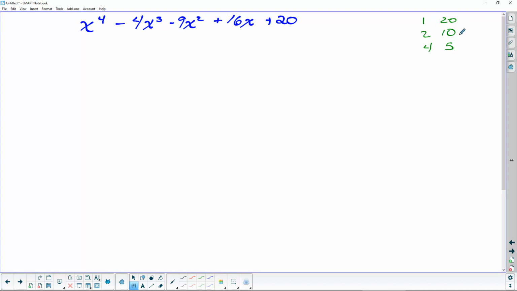So now we're going to combine these with an x. So x plus or minus 1, x plus or minus 2, x plus or minus 4, x plus or minus 5, x plus or minus 10, and x plus or minus 20. So there's our possible factors.